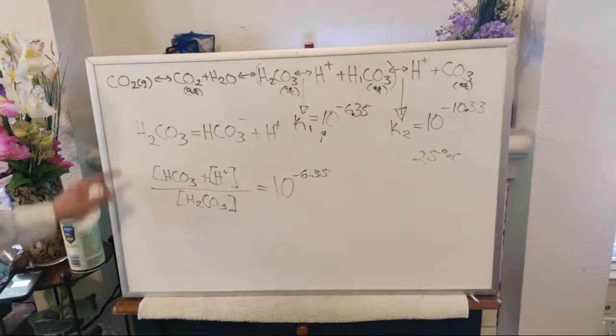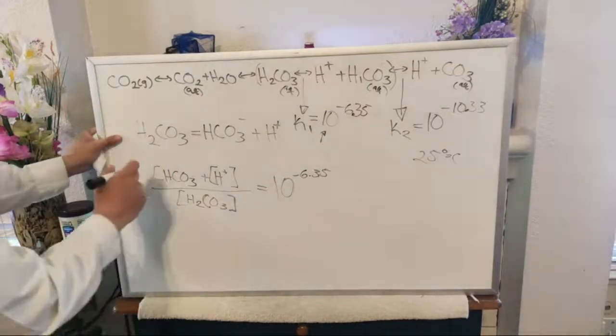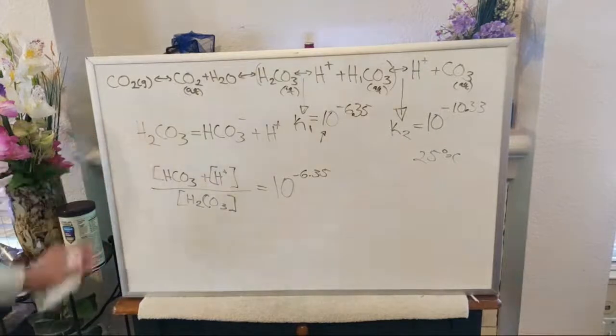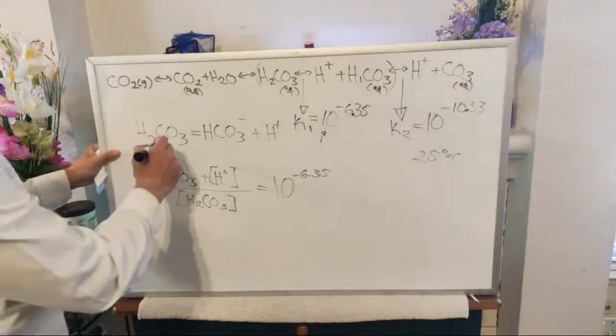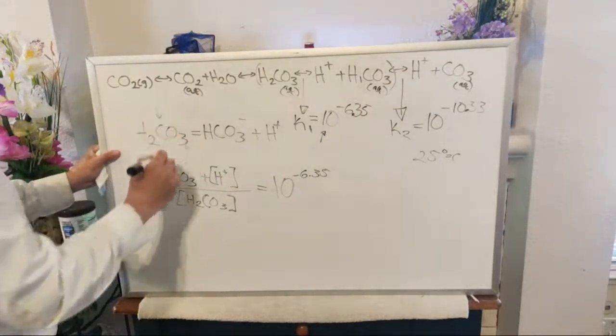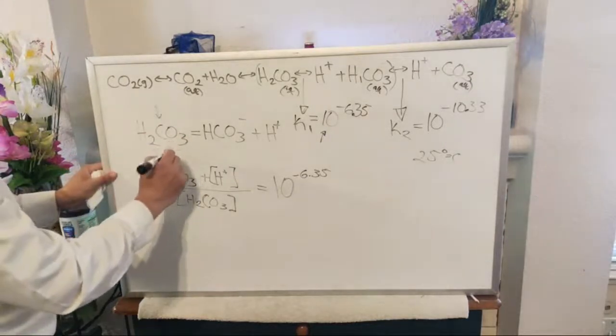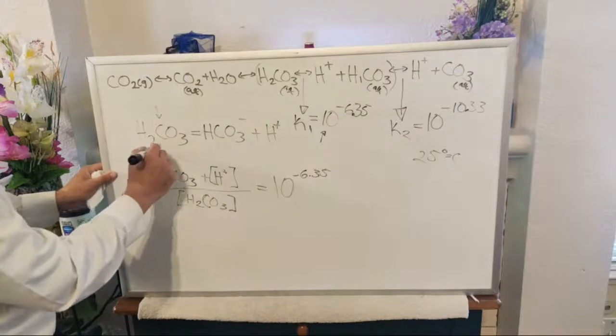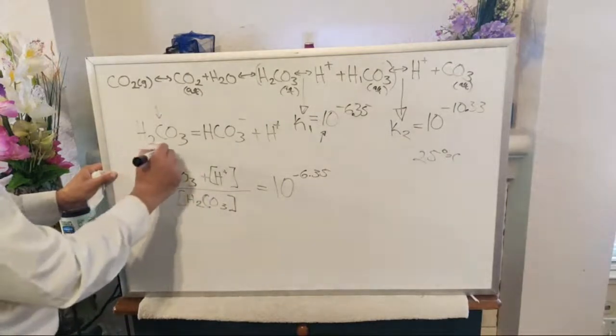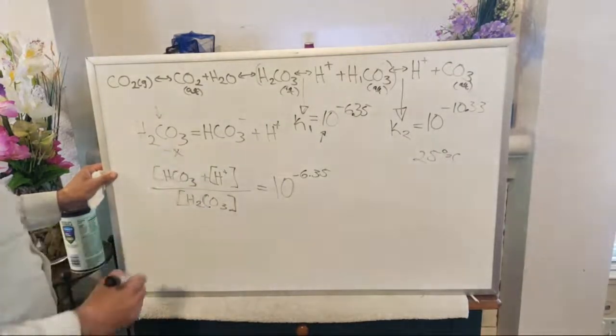So let's say you add a whole bunch of this chemical. I'm adding an X amount. So I'm going to have whatever the initial amount is plus X. Right?